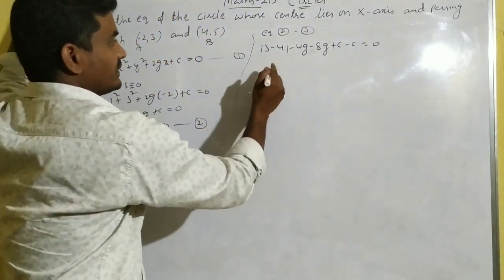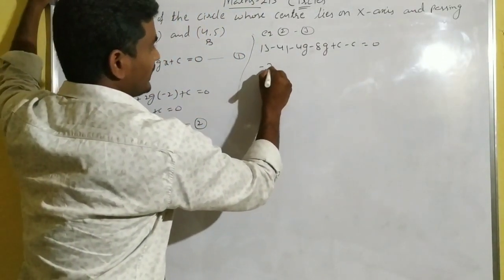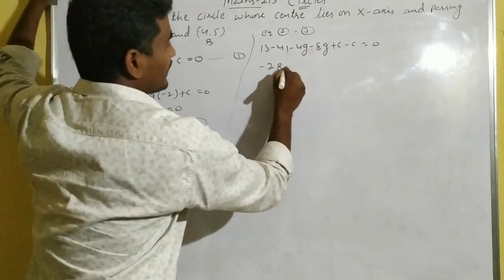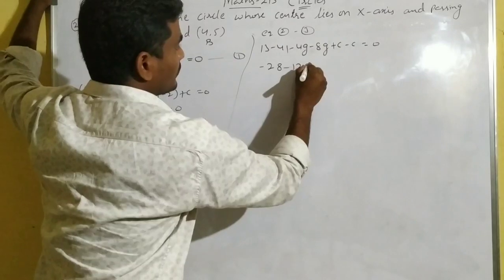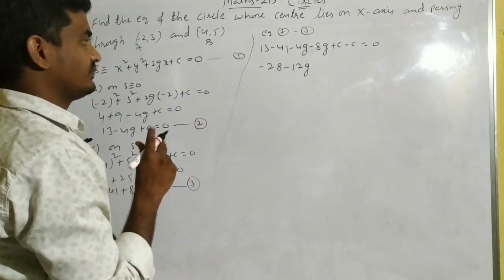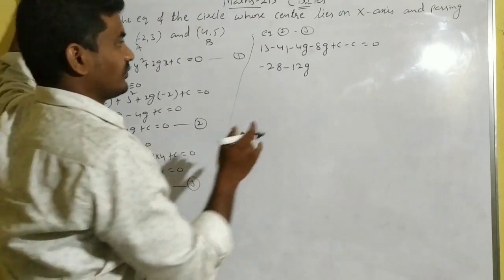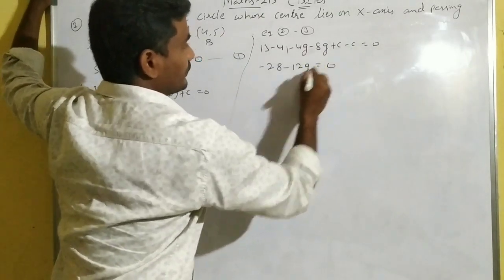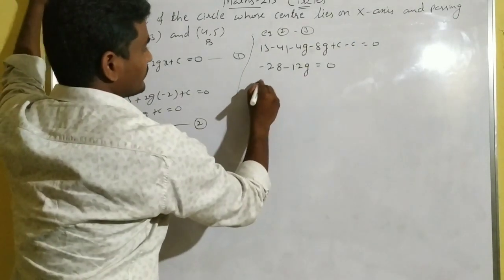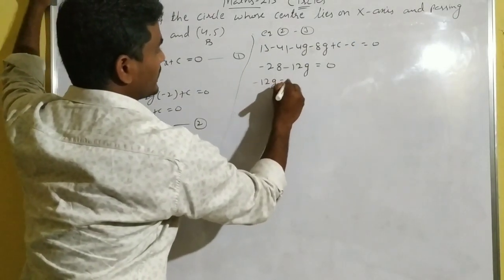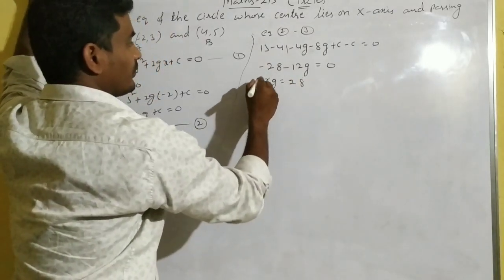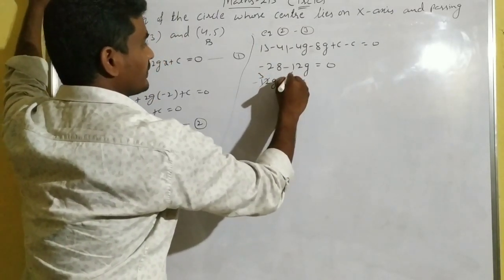So it comes here minus 28, it becomes minus 12g and it is equal to 0. 28 when you send to the right side, minus 12g equals plus 28. 4 3s are 12, 4 7s are 28, we can get.